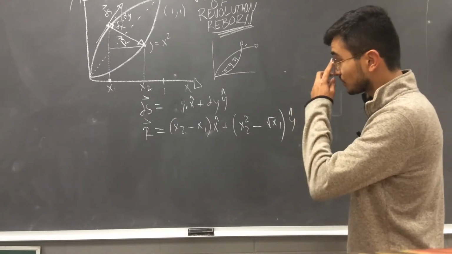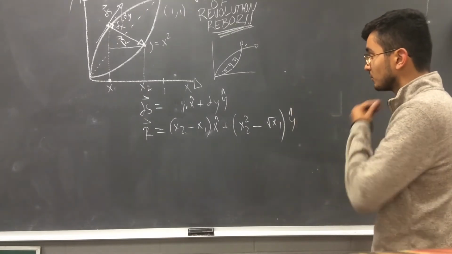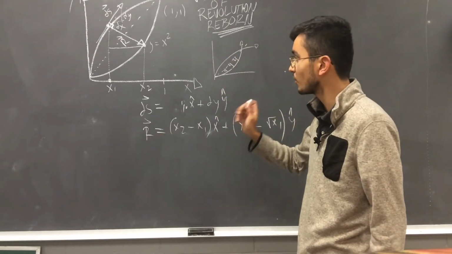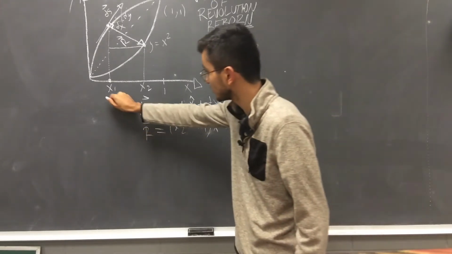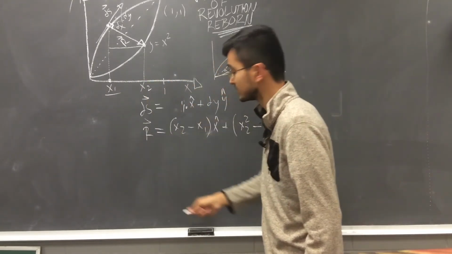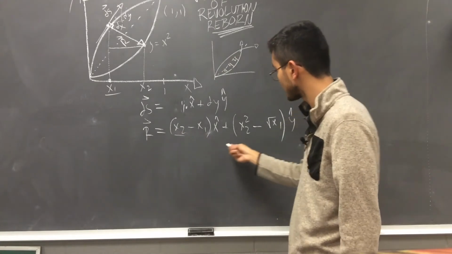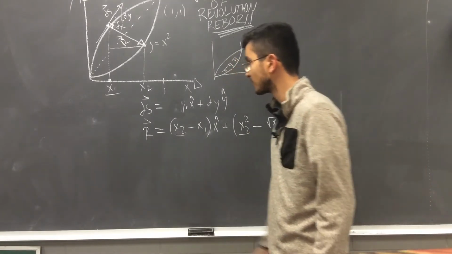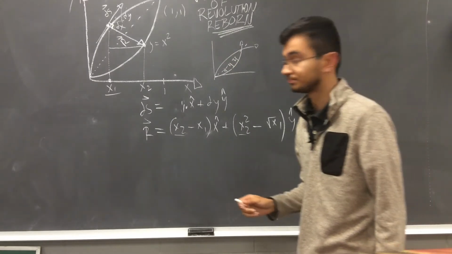Now, this is what we're going to do. We want to find this function in terms of only one variable. We're going to find it in terms of x1, so that means we want to know what x2 is in terms of x1 and substitute it in these two values over here. Now, here's something to note.